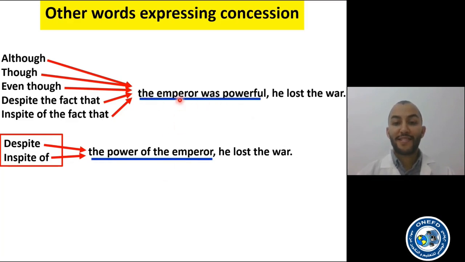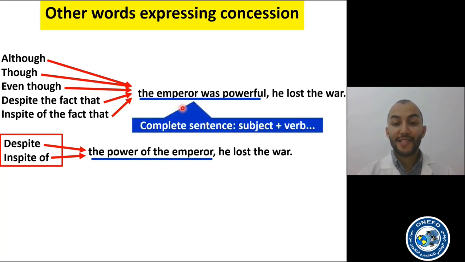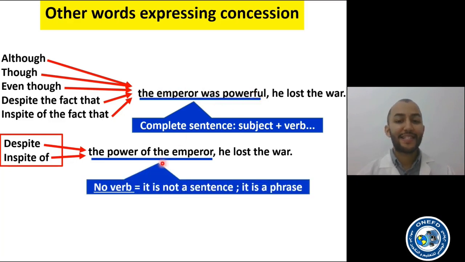What is different? In the first sentence, we have a complete sentence, like you have subject, verb, etc. But in the second one, it's not the same thing. We have no verb. So it's not really a sentence, it is a phrase. That is the difference between the two of them. Is that okay? Good.